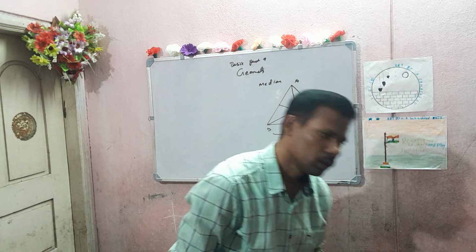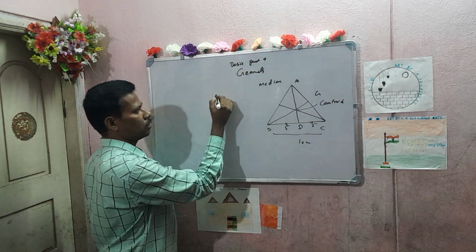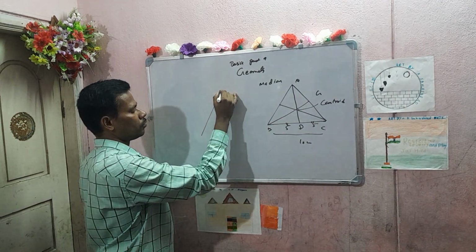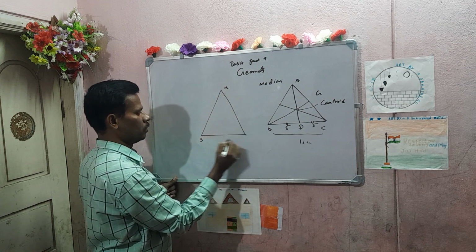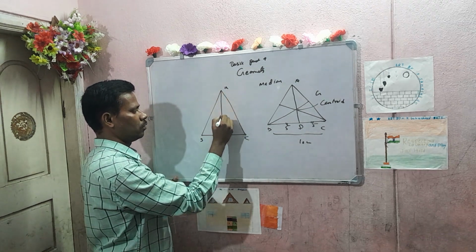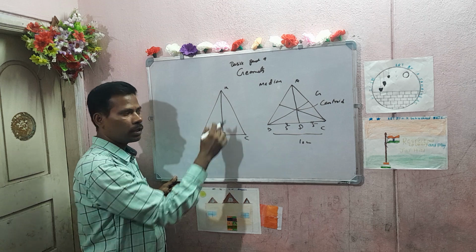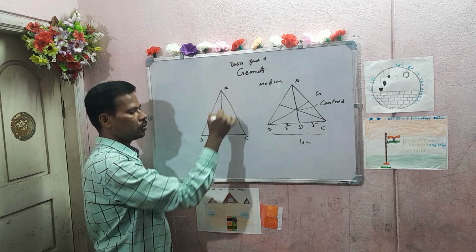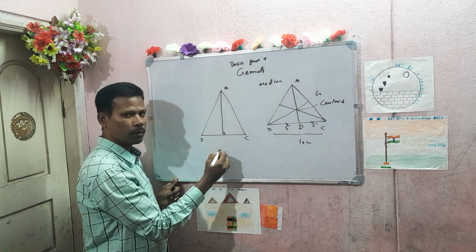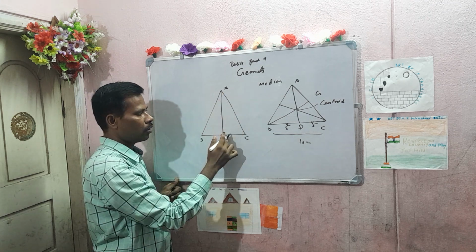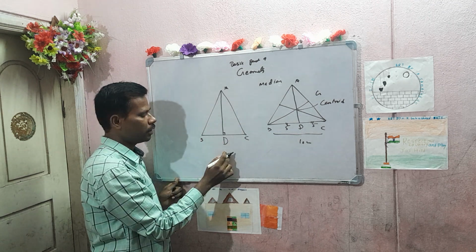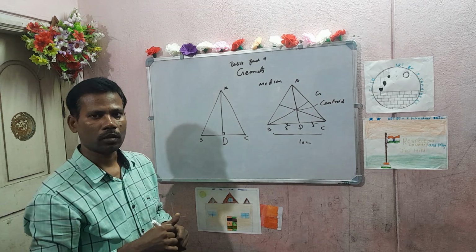Altitude. Altitude is nothing but the perpendicular drawn from the vertex to the opposite side. It need not be the midpoint. The perpendicular means AD is the perpendicular drawn from the vertex to the opposite side. That is called altitude.